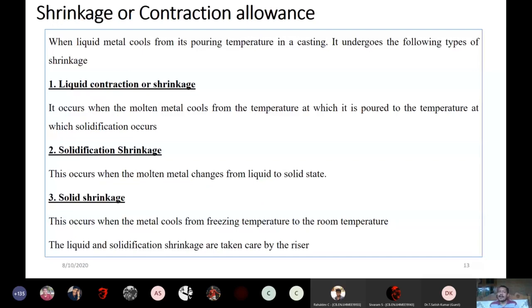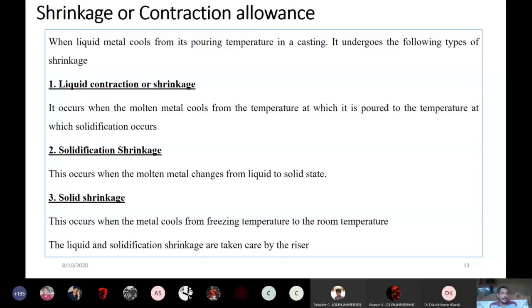But what happens is that after some time, when you solidify it and try to break the mold and take the component out, you can see that all the liquid which came up through the riser is not there on the riser or the runner sides. It has gone back into the vacant areas in the mold cavity to fill the vacant space.